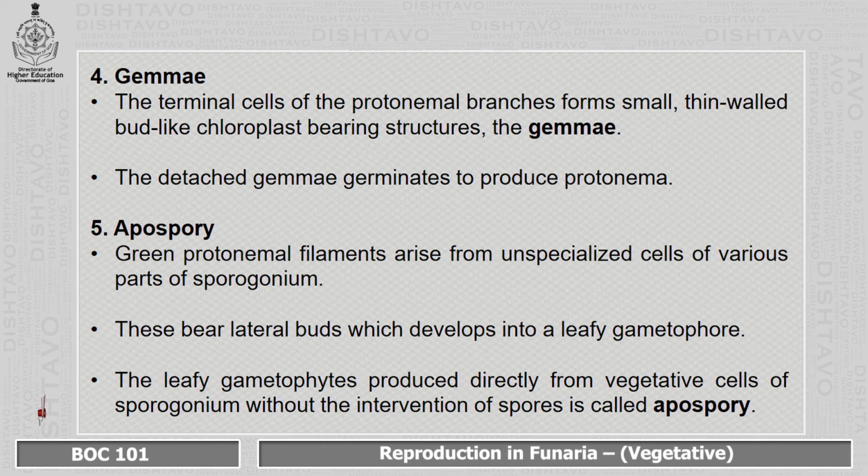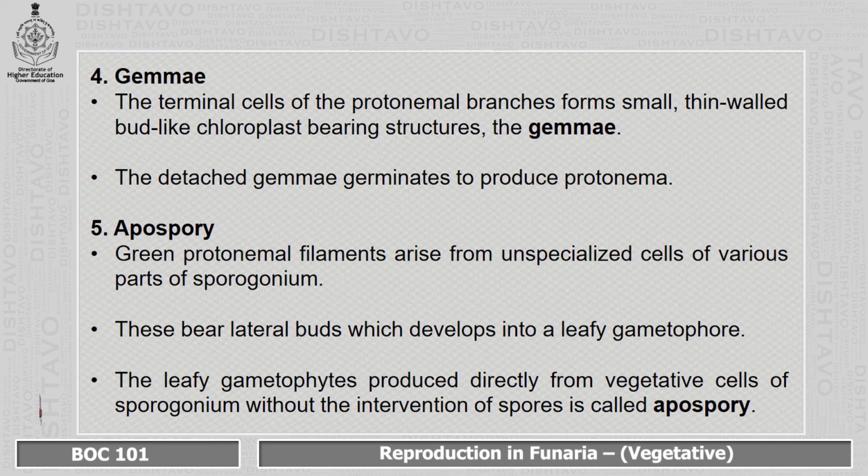Second is the secondary protonema, the filamentous protonema which arises from the leaf, stem, or even from the rhizoids, and can grow into a new gametophyte. Third is by the bulbils. Bulbils are the resting buds found on the rhizoids, and when there is suitable condition they will grow into a new gametophyte.